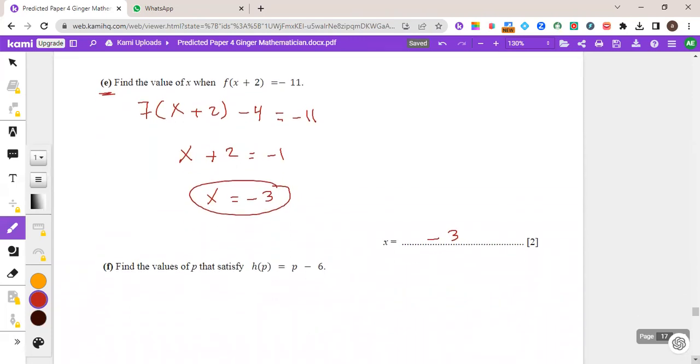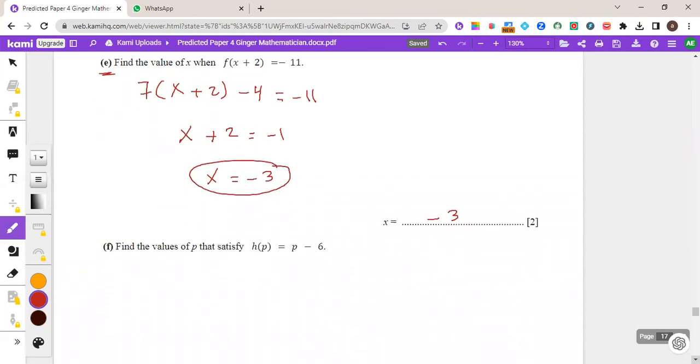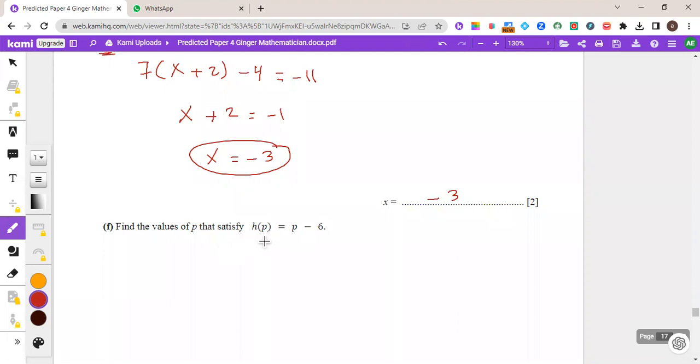Question F, find the value of b that satisfies h of b equals b minus 6. So as we know, h is x squared, right? So it will be b squared equals b minus 6. Then you make it an equation equals 0.